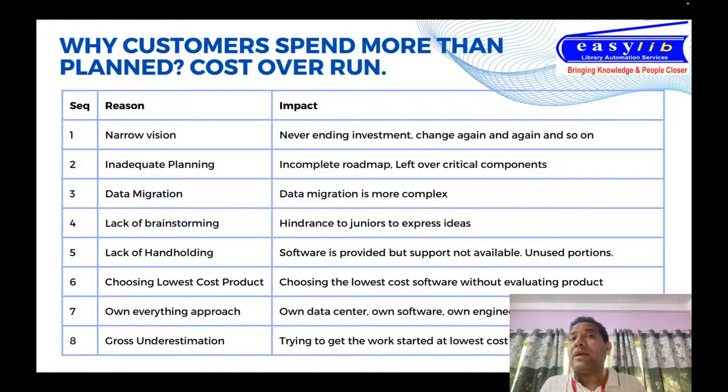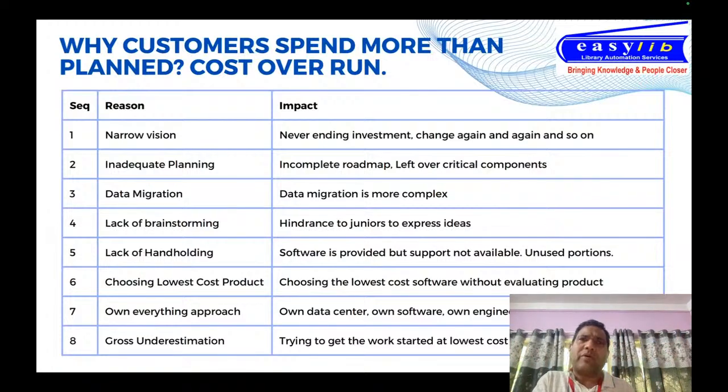If they had gone with the lowest cost product, probably they would have had 4 or 5 experiments by now, changing the different software, because lowest price doesn't mean the best services or the best product that you wish.